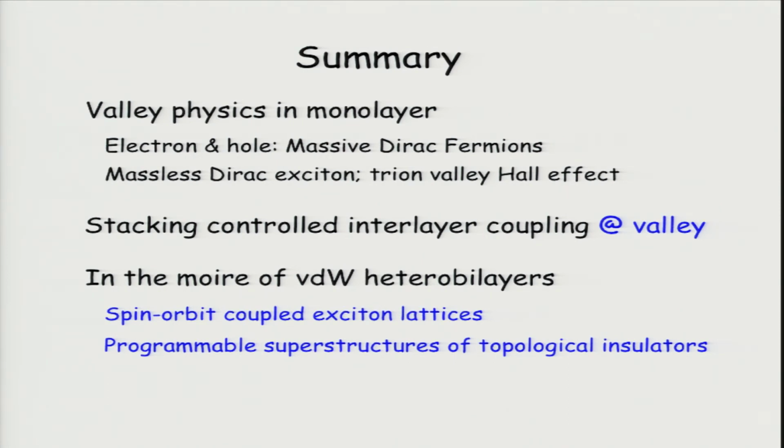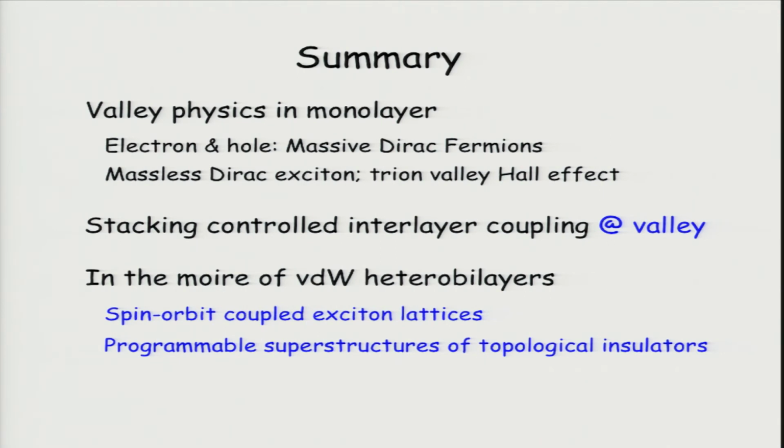The properties that I discussed have one important origin: you have carriers which are massive Dirac cones localized on the Brillouin zone corners. So this is very important. The fact that the band edges are at the valleys leads to stacking control of the interlayer coupling.